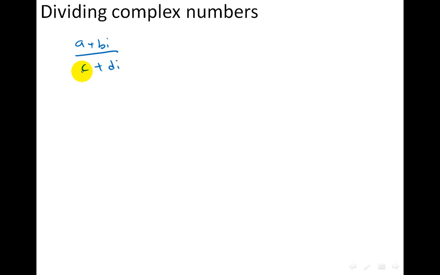Then this conjugate is multiplied by the numerator and the denominator. That means here you'll have a plus bi over c plus di multiplied by c minus di over c minus di. So it will be the conjugate of the denominator that will be multiplied here.